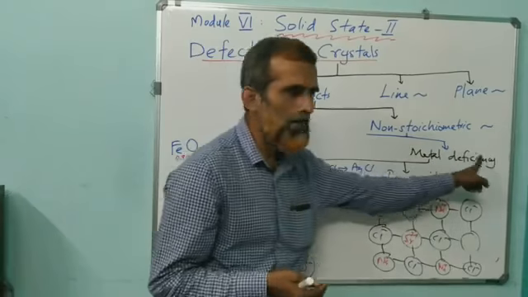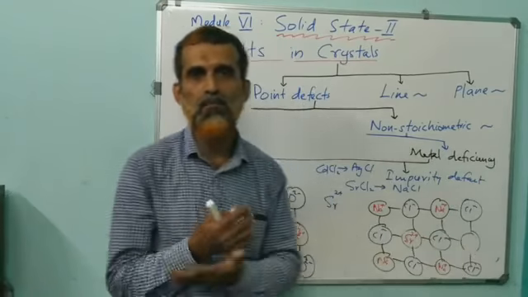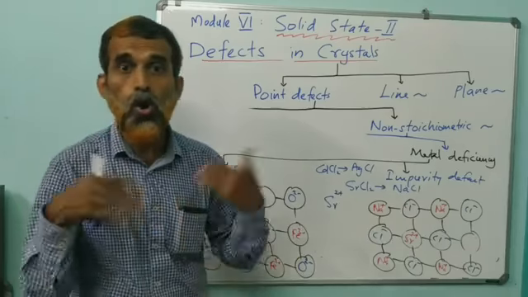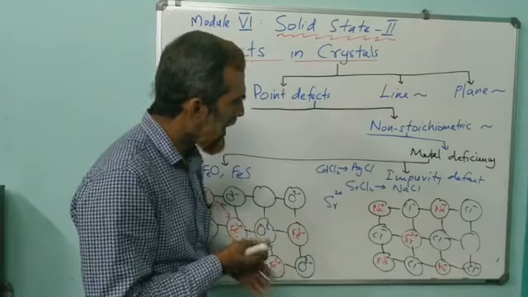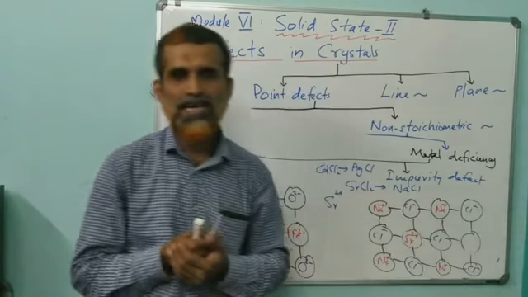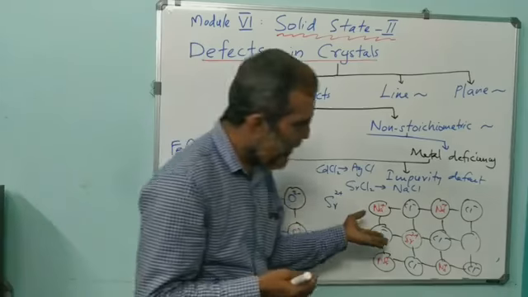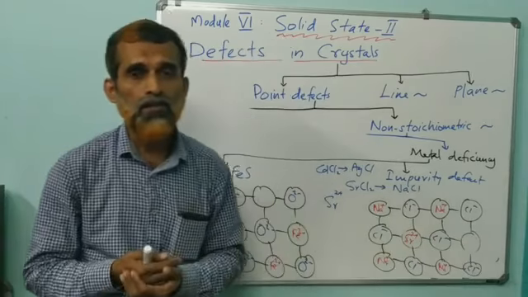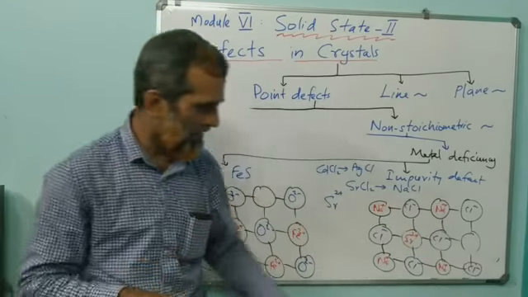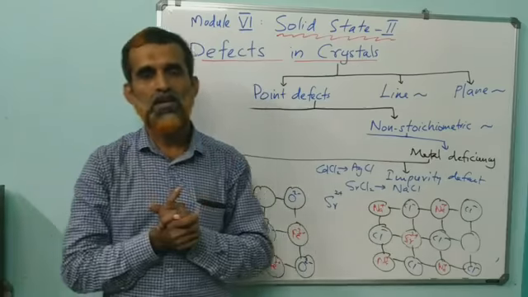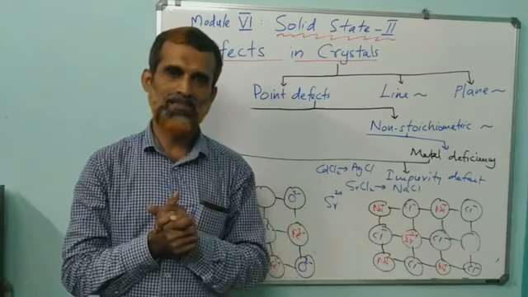That is what is a metal deficiency. This is called a metal deficiency defect, because the host cation is missing, right? Again, this is producing vacancies that will cause ionic diffusion and that can result in electrical conductivity. So these are various types of defects found in crystals. Thank you.